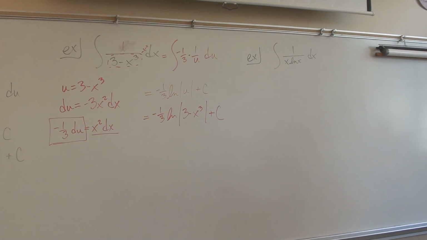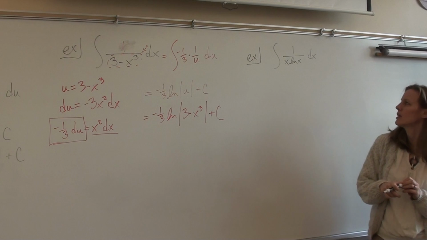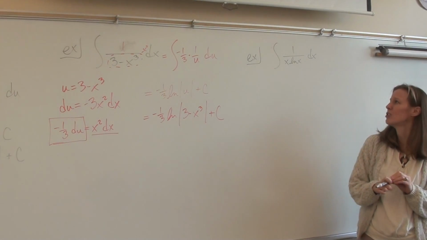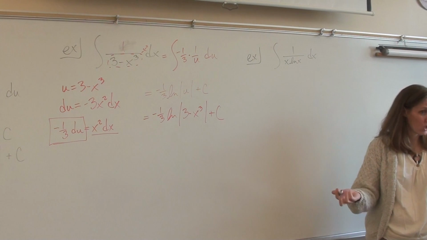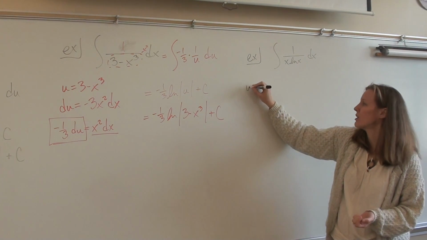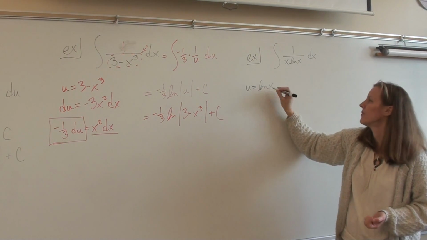All right, so we have 1 over x ln x. Why don't we put cell phones away? So what do we think? What should u be? ln x? Should we try it? Everyone try u as ln x and see what you get.